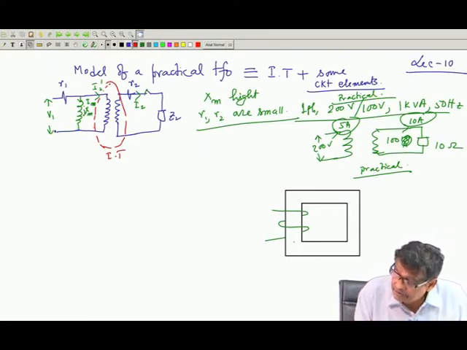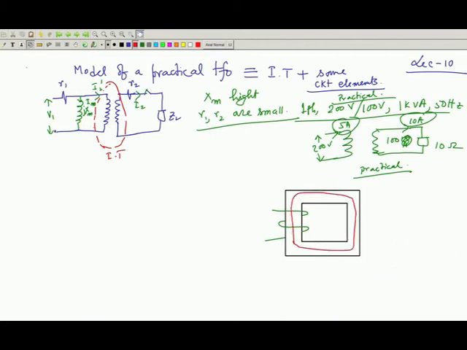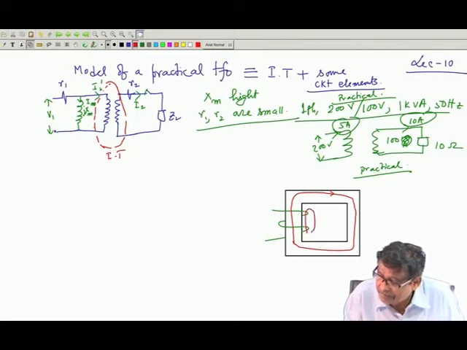There will be flux lines; most of the flux lines will be confined to the core, because it will be highly permeable material. So, most of the lines of force will be confined, maybe 2%, 3%, 4% of flux lines will complete their path through the air gap.